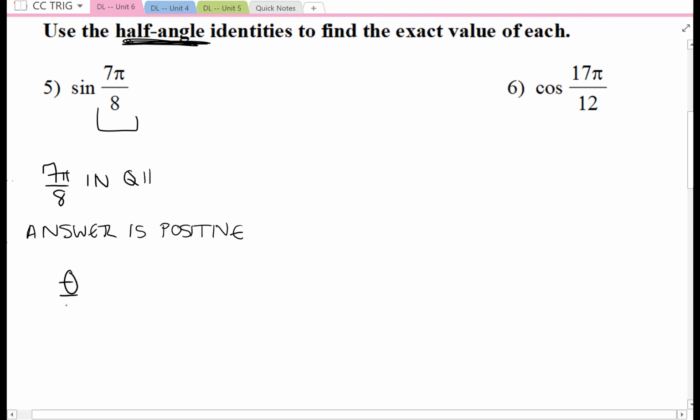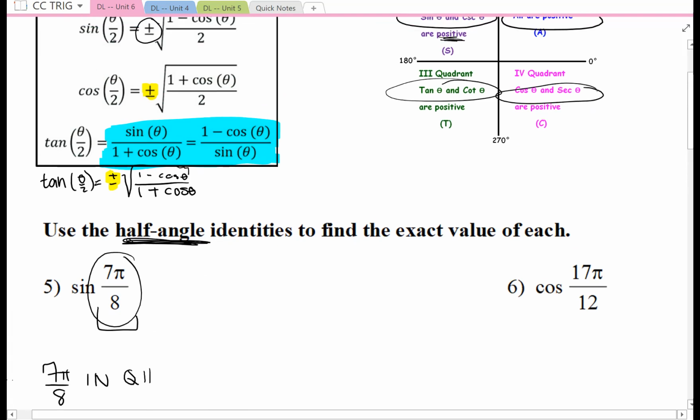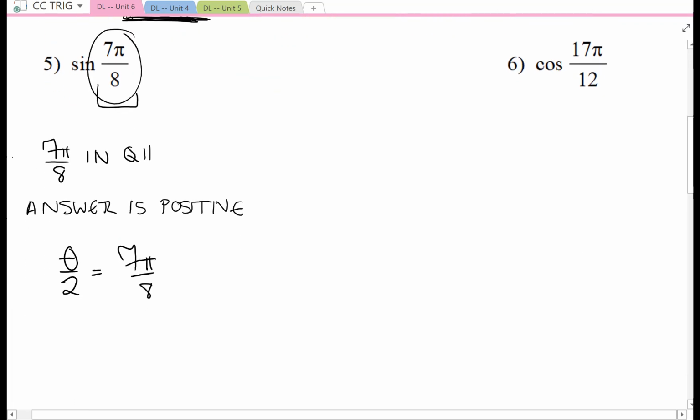So we're saying theta over 2 is equal to the angle that they give you, 7 pi over 8. Theta over 2 is the argument for each of these formulas. So now you need to find theta. How do we solve for theta? Let's times both sides by 2. Get theta by itself.